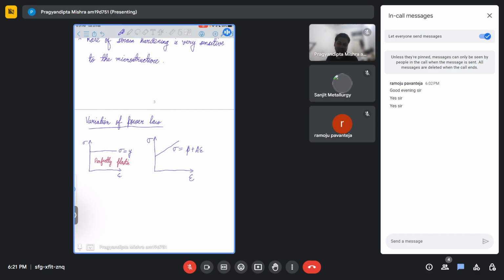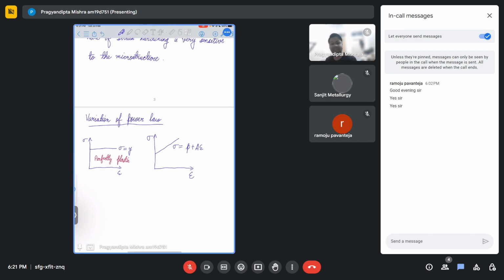Now a is some coefficient, the linear relation between sigma and epsilon is given by that a. And p is basically some stress sigma naught, the point from where the stress strain curve starts. So this is essentially a linear relationship. Now if the curve starts at 0, then that p value becomes 0 essentially.